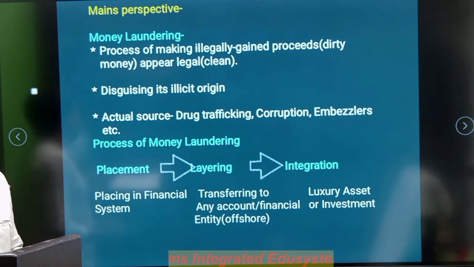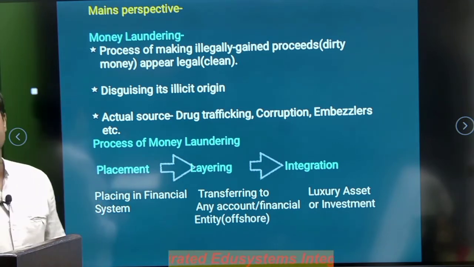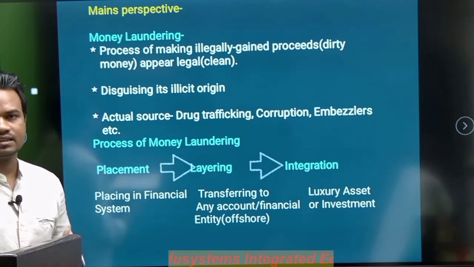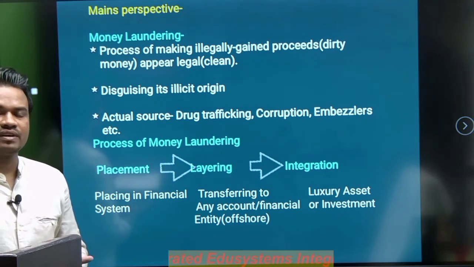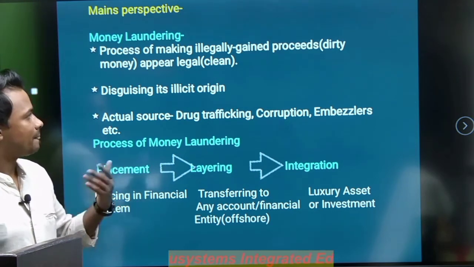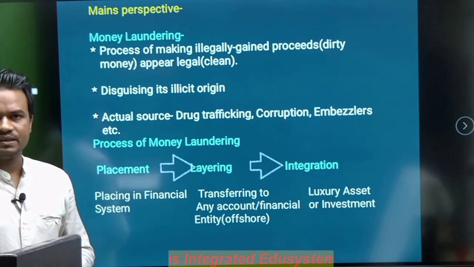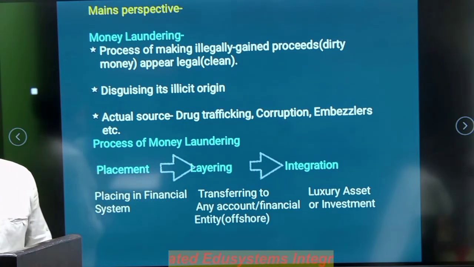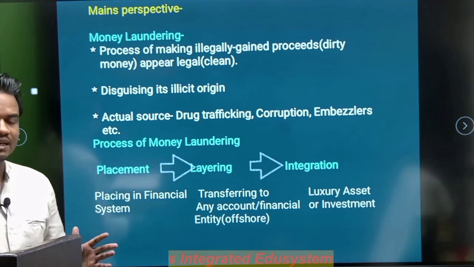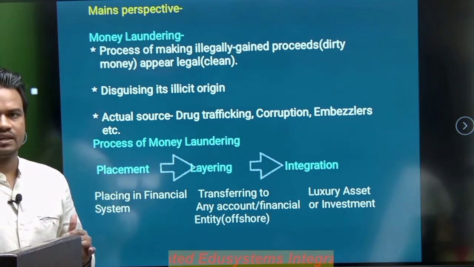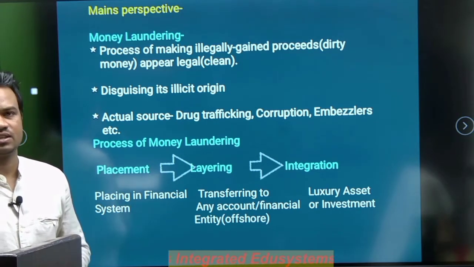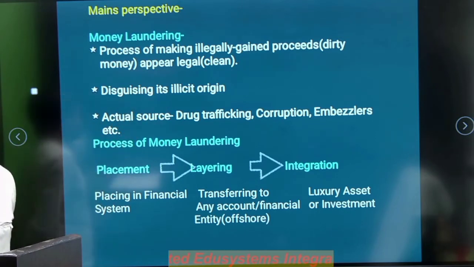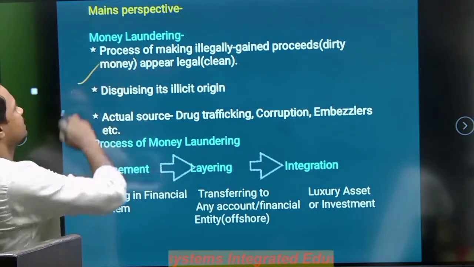Very simply, any financial proceeds, income or money generated by illegal or inappropriate means is known as illegal money or illegally gained proceeds. If that illegal money is claimed as legal money, that is the process of money laundering. It is very simple and needs to be understood well. So, that is money laundering.